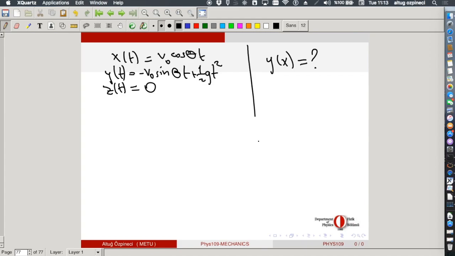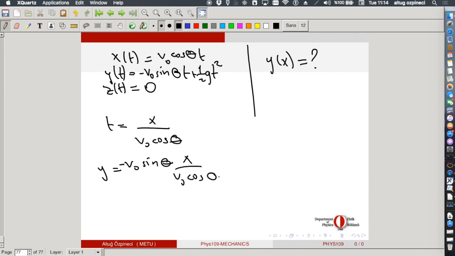The first one. So if I know x, the first one tells me what t is. So t will be equal to x over v0 cosine theta. And once I know t, I can determine what y is. Y will be equal to minus v0 sine theta, x over v0 cosine theta, plus 1 over 2 g times x squared divided by v0 squared cosine squared theta.